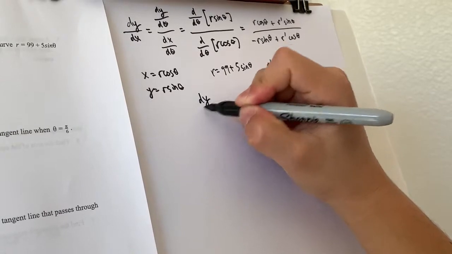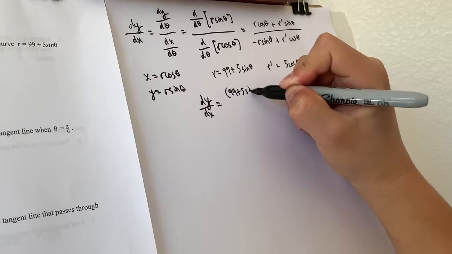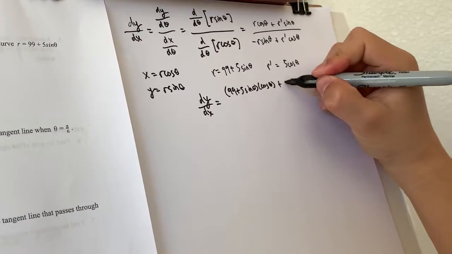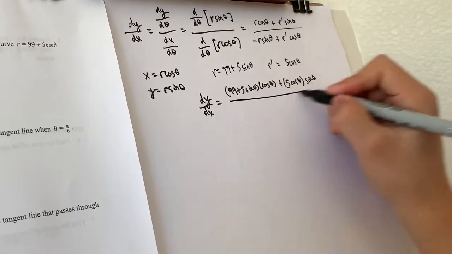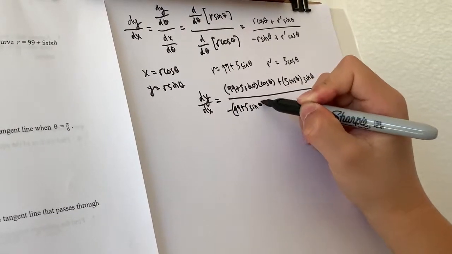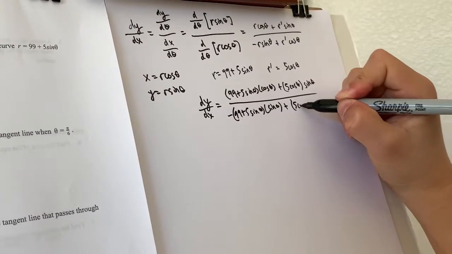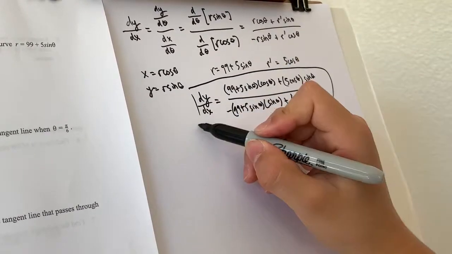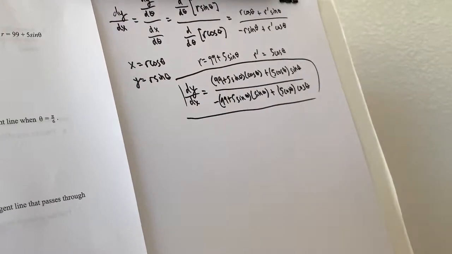So the expression for dy/dx would equal (99 plus 5 sine theta) cosine theta plus 5 cosine theta sine theta, all over negative (99 plus 5 sine theta) sine theta plus 5 cosine theta. And here we have our expression for the slope of the tangent line to the polar curve r equals 99 plus 5 sine theta.